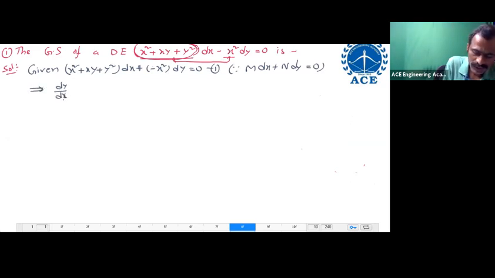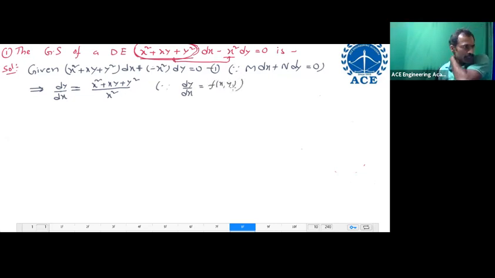We shift the second term to the other side and do the cross multiplication so that we have dy by dx equal to x square plus xy plus y square divided by x square. This is in the form of dy by dx equal to f of x comma y. Now check the homogeneous method condition for this also.